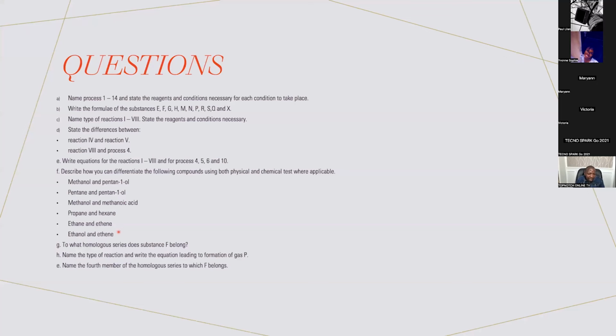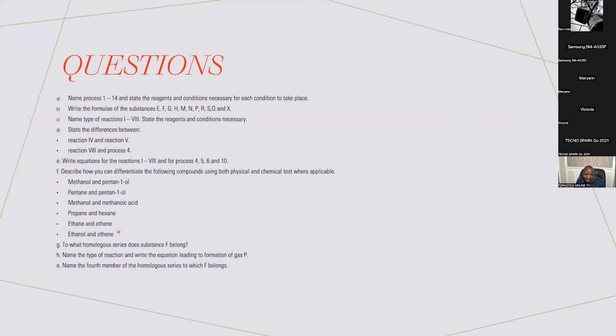Then we also have, you can use acidified potassium dichromate 6. Ethanol will change acidified potassium dichromate 6 from orange to green, but ethane will not change from orange to green.